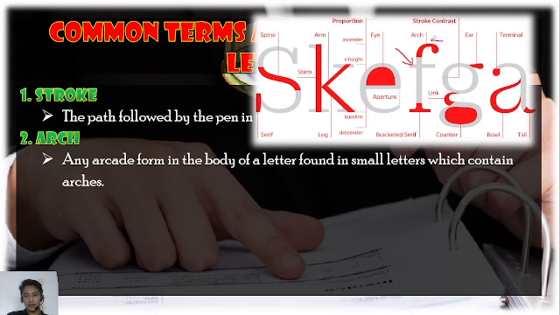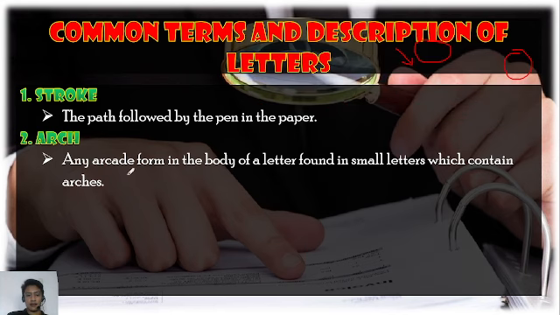As you can see, this is the arch form of the letter F. We can also see that in small letter A, particularly in this kind of letter A, in this part. Any arcade form in the body of a letter that we are seeing, we term also as arch in studying handwriting.